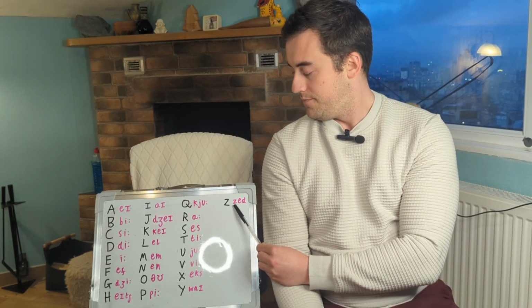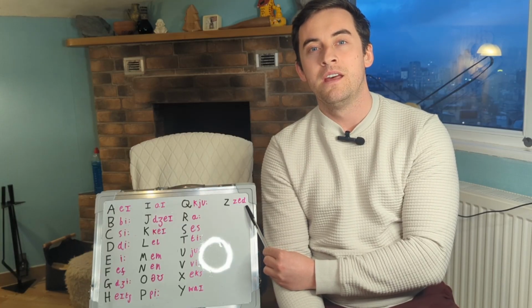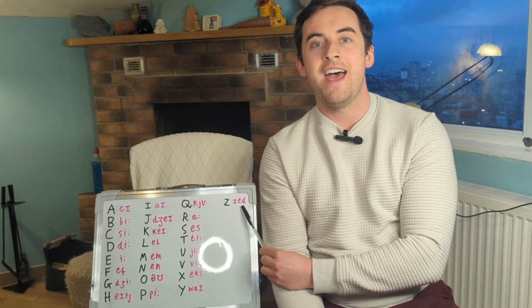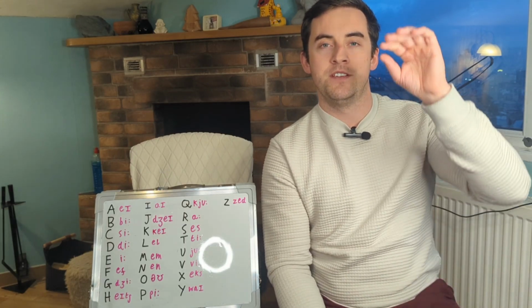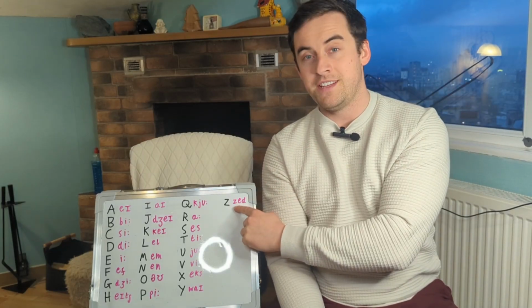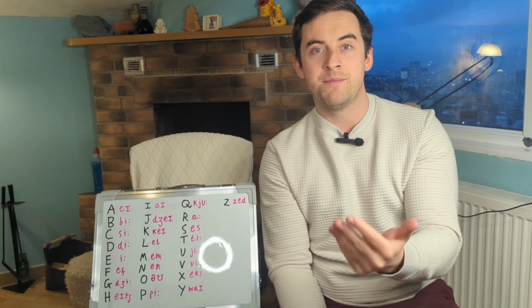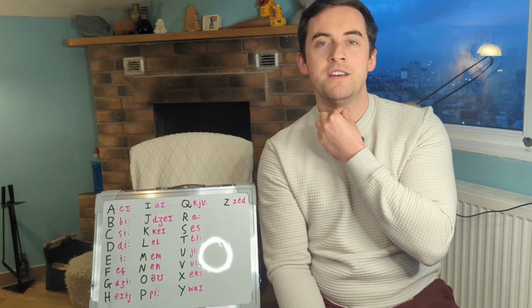Z. E. D. Z. So you're going to be squeezing the S, but phonating. An S is the same as a Z in mouth position. Just for the Z, you phonate.